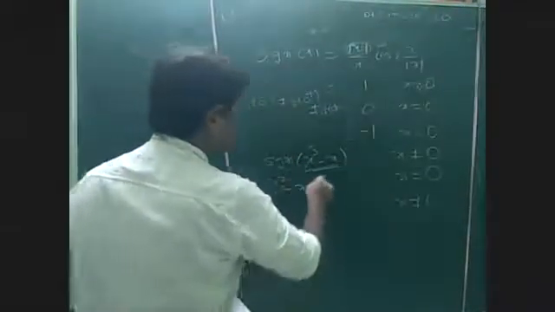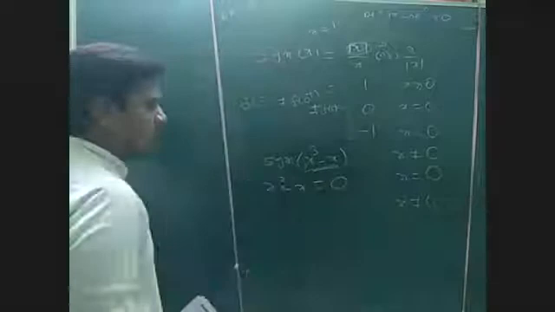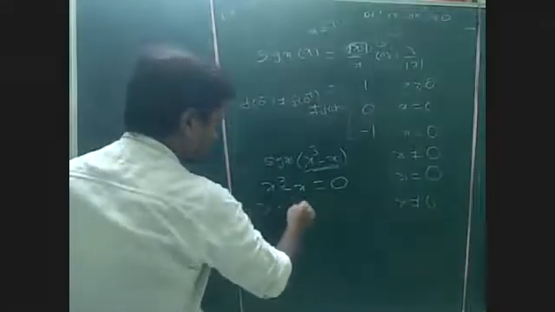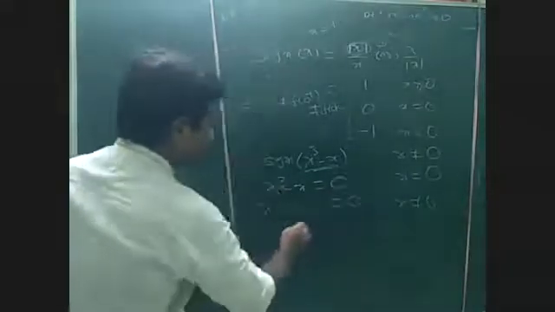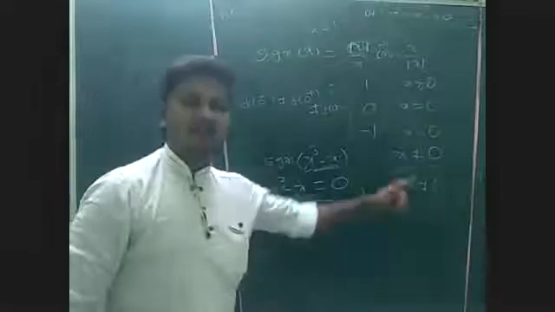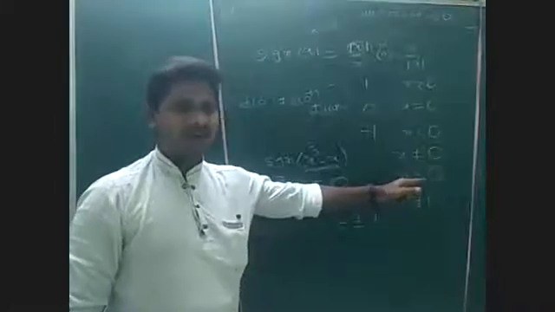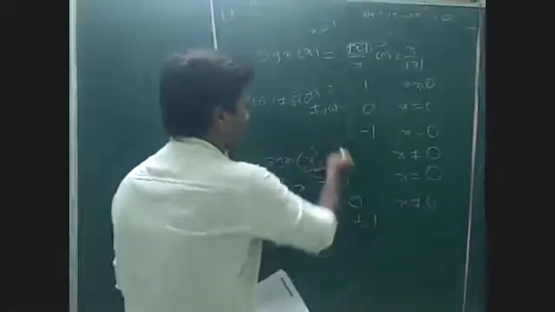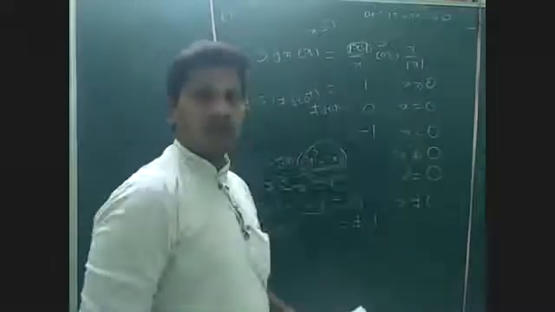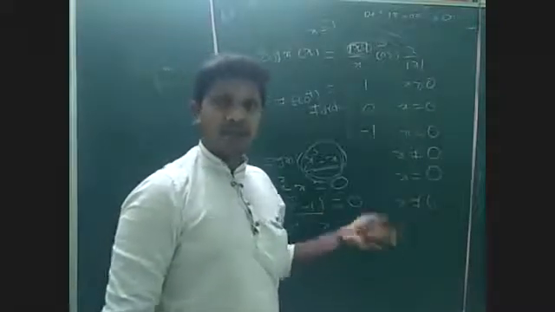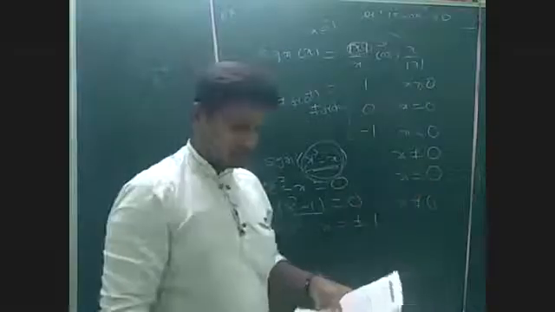So x cube minus x equal to 0, we will get some points. x is common, so x square minus 1 is equal to 0. One is x equal to 0, another is x equal to plus or minus 1. So at these 3 points, it is discontinuous. Whatever the function given, equating to 0 gives discontinuity; it is continuous when not equal to 0.